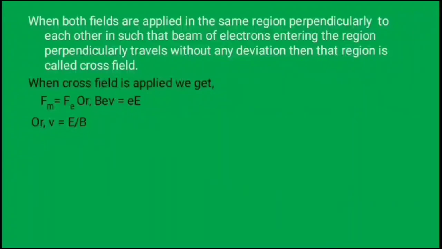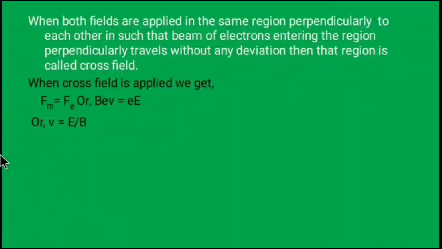So it again strikes at point S. At this condition we have Lorentz force Fm = electrical force Fe, or substituting, BeV = eE, or the velocity of the electron V = E/B.